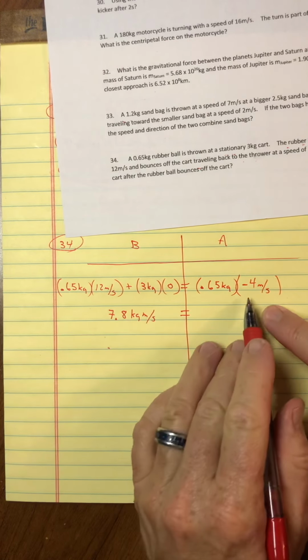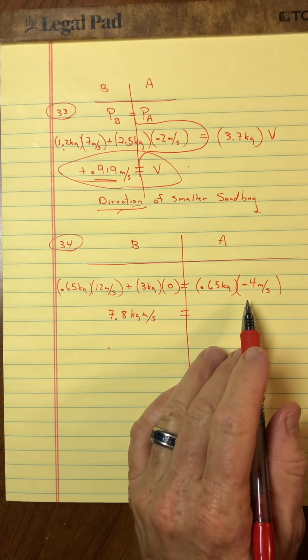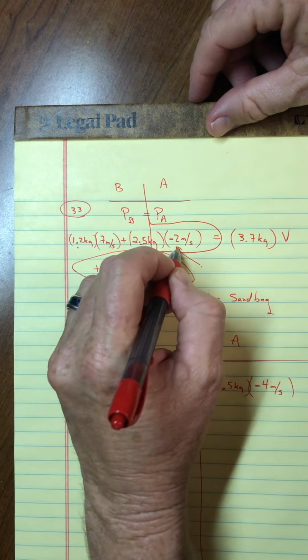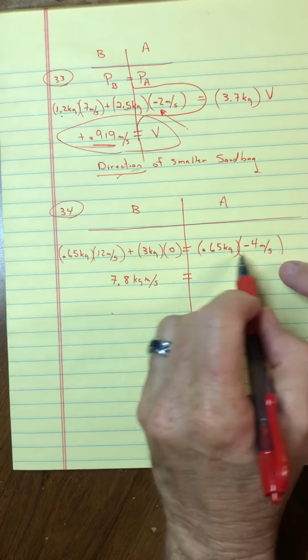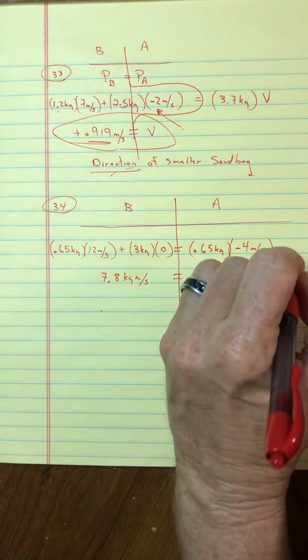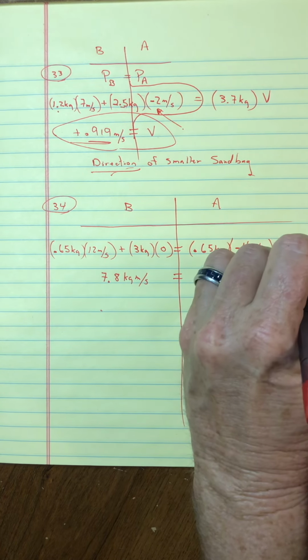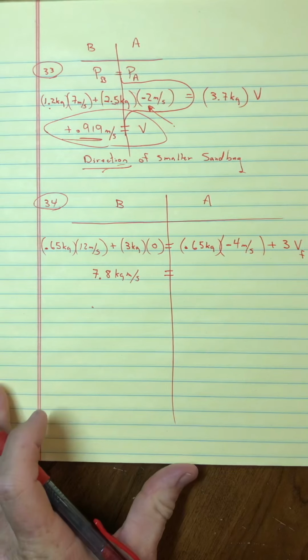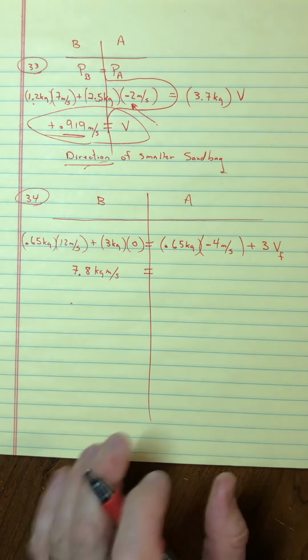And that might be another hard thing, although that's the same thing we did up in 33. So hopefully you recognize that you need a negative in 33 and also here in 34. Now, the other object is 3 kilograms, and I'll just put a final speed for it. We don't know what its speed is.